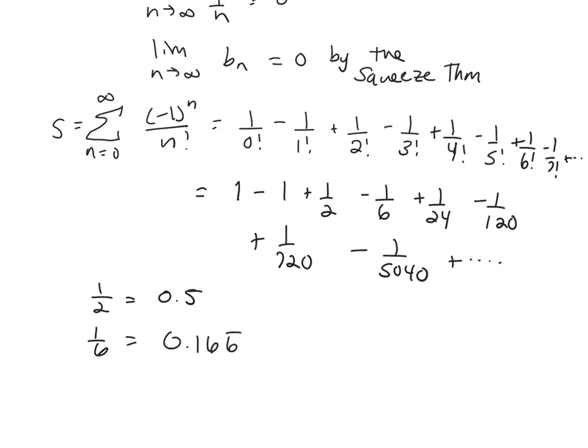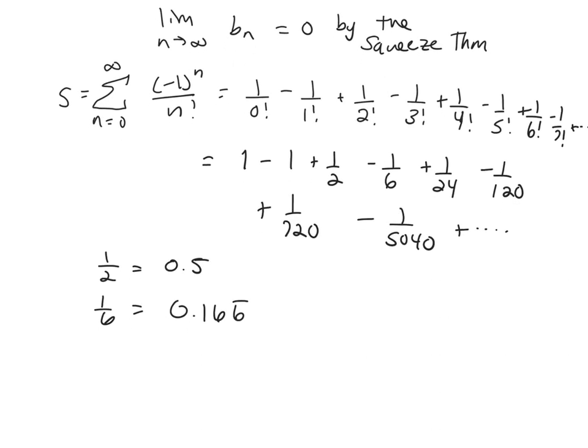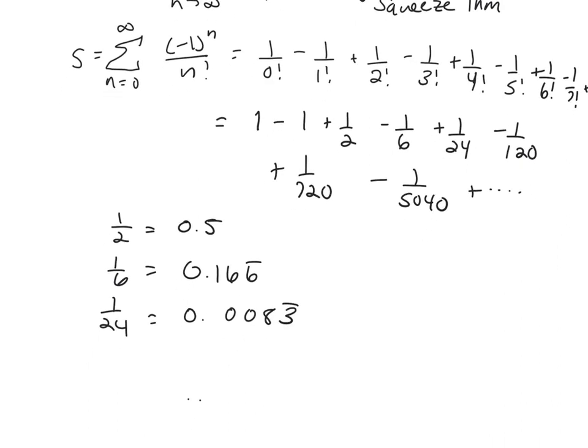I need to have 3 decimal places of accuracy, so I need to have 000 as the beginning part of my decimal. So you would look at the next number, 1 over 24, 0.0083 repeating. I still don't have 3 decimal places here. So I keep going. My next number was 1 over 120.